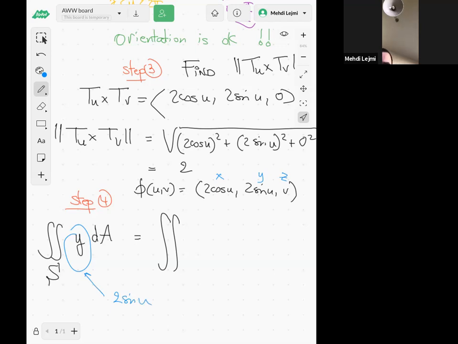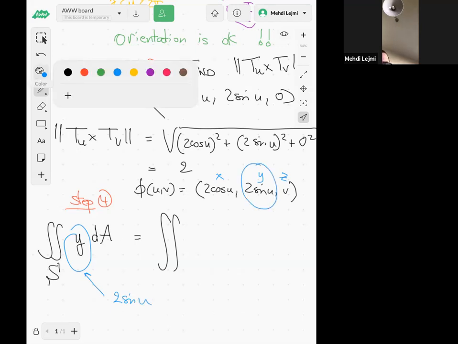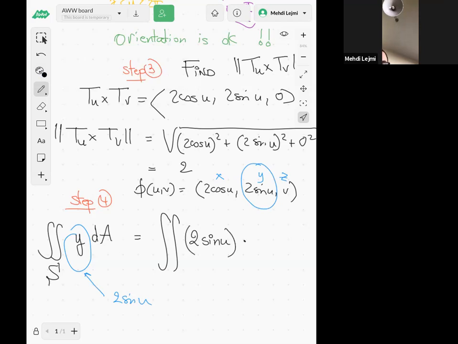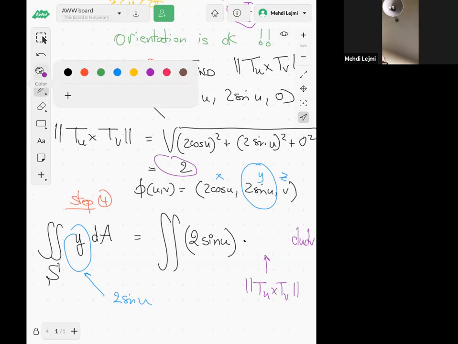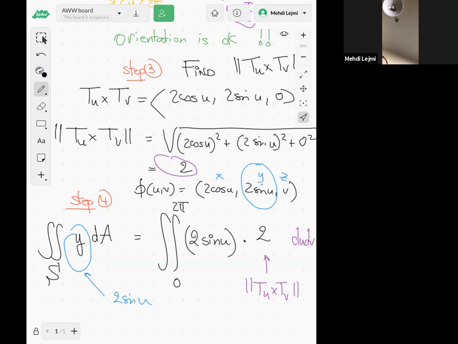Now times the norm of T_u cross T_v, which we just said is 2, and then du dv. Remember the domain: u is between 0 and 2 pi, and v is between 1 and 3. Then you are good to go.